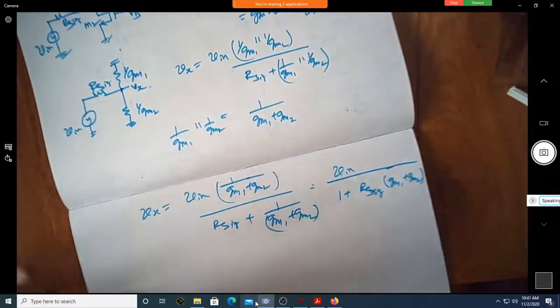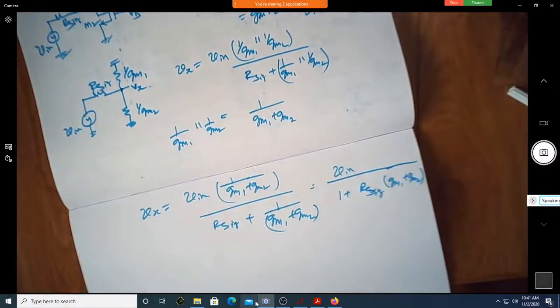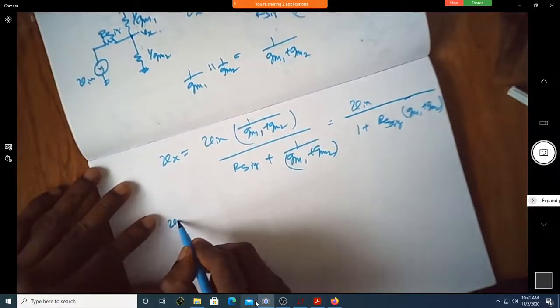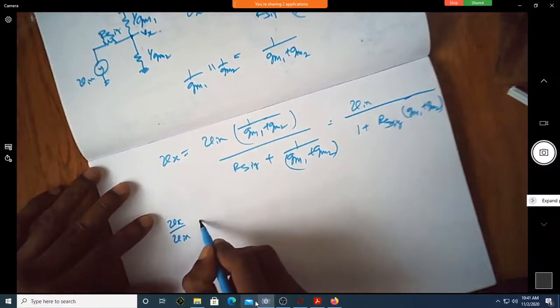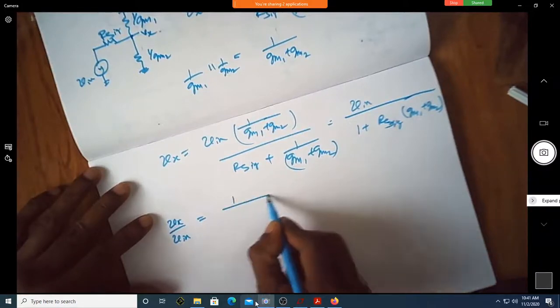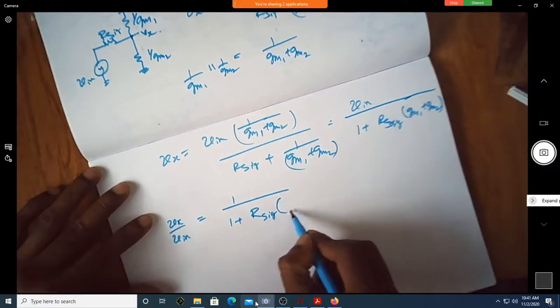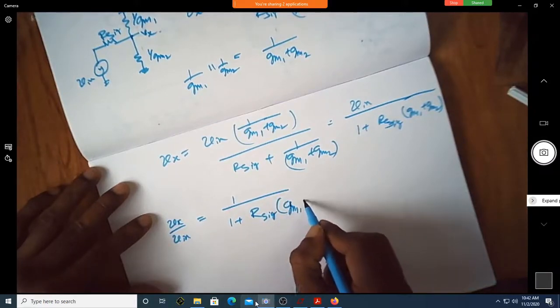Because I know all of you are very good in mathematics. Is this fine? Shall we now write Vx by Vin as 1 over 1 plus R signal into gm1 plus gm2?